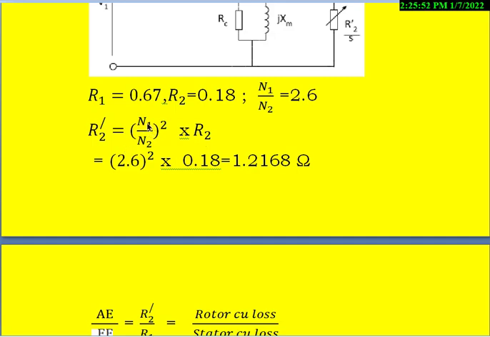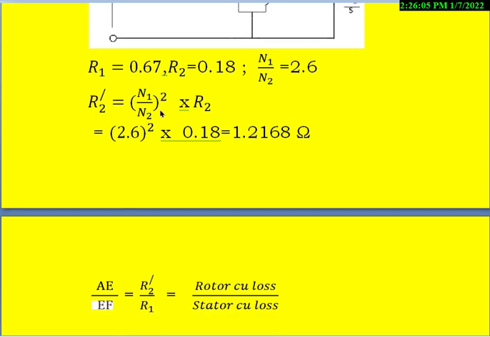Remember, N1 is in the numerator because we are getting the equivalent value referred to the stator side. N1 belongs to the stator and N2 belongs to the rotor. Because N1 by N2 is given as 2.6, we get 2.6 whole square into R2, which is 0.18. So we get 1.2168 ohms.